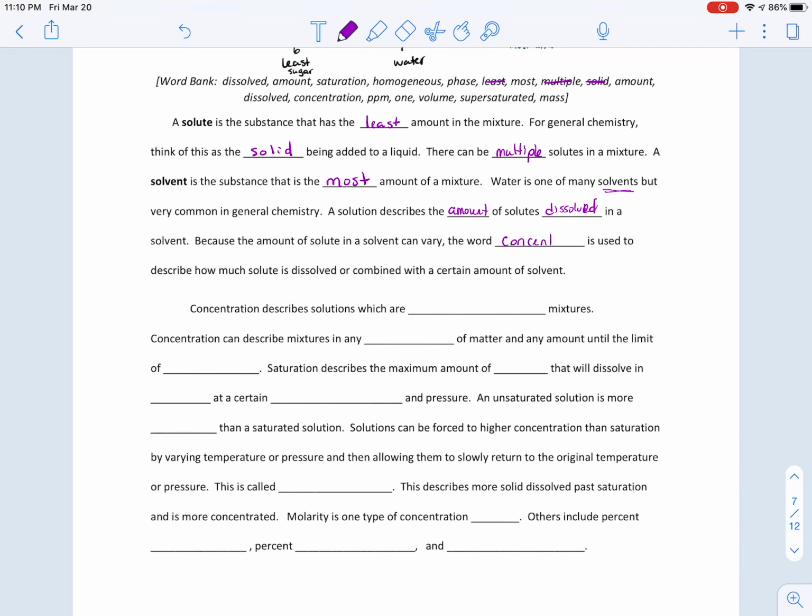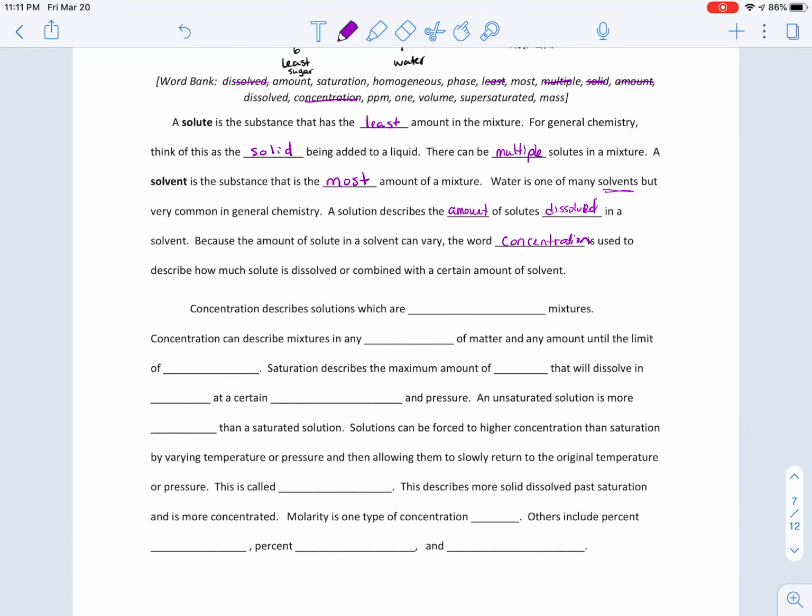Because the amount of solute in a solvent can vary, the word concentrated is used to describe how much solute is dissolved or combined with a certain amount of solvent. And we use that in normal speak, not just chemistry. Let me make sure I cross these out. Amount, dissolved. The word concentration.